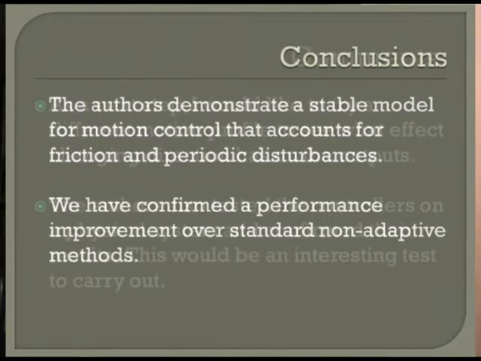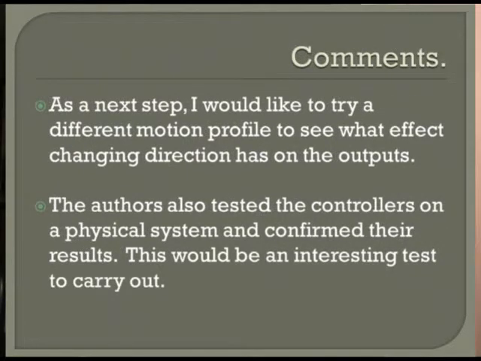And just a few comments. As a next step, I'd like to see what a different motion profile would do, and especially one that changes direction. One of the key advantages to the adaptive controller was to get around the situation where you had so many friction parameters to deal with.